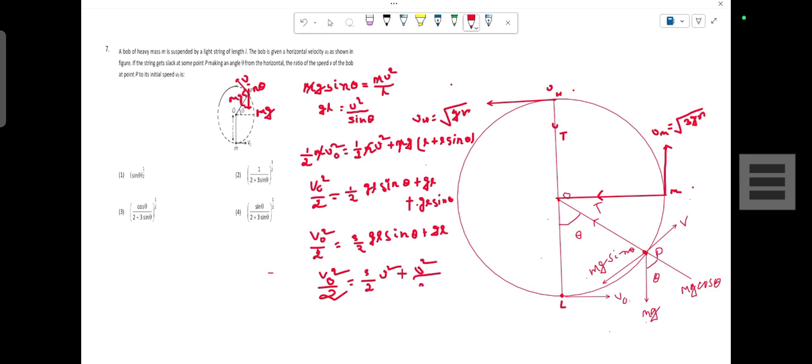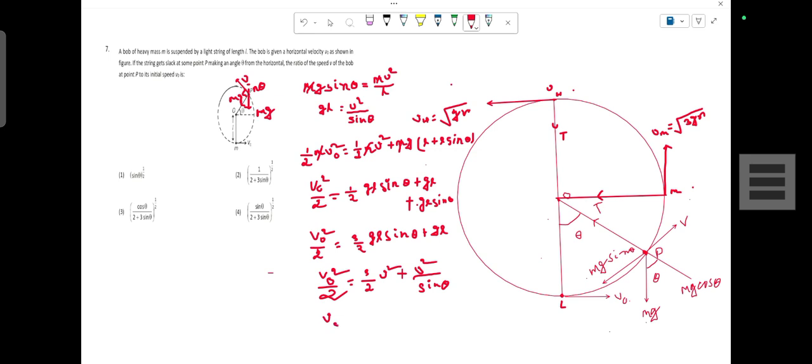You can put it here and common out v square from this equation.